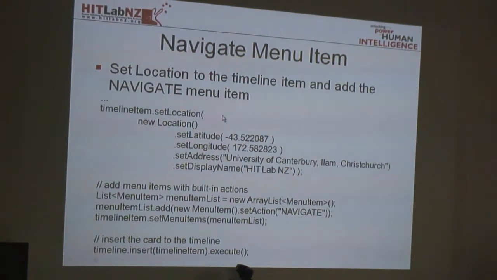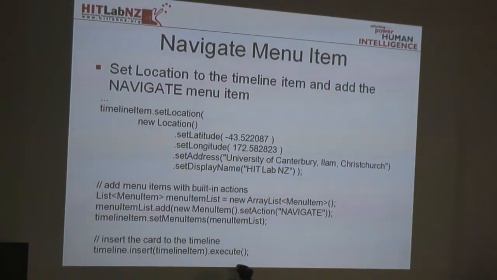And once you've got that map working, another thing you can do is actually add a menu item called navigate, which will add a menu item that, when the user chooses it, will start the built-in navigation application.